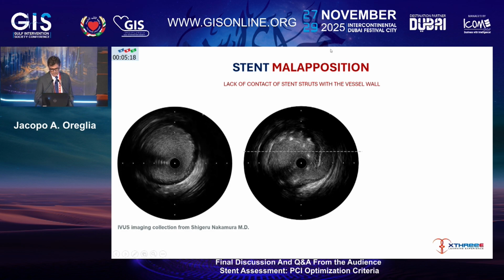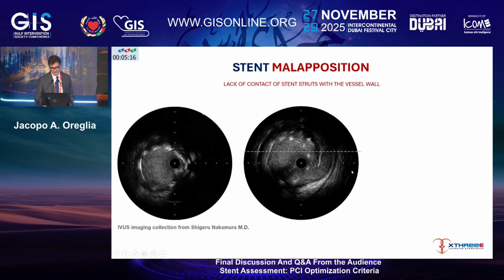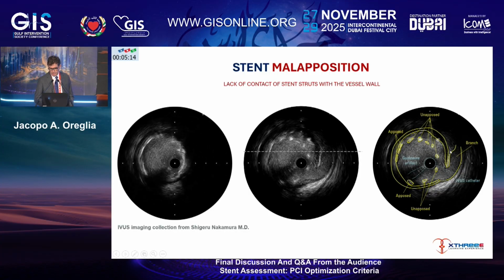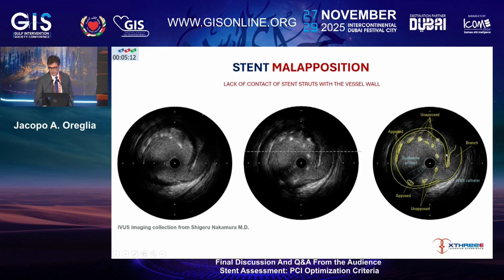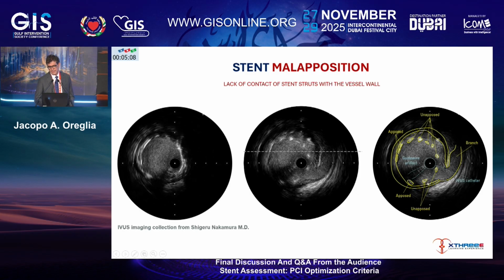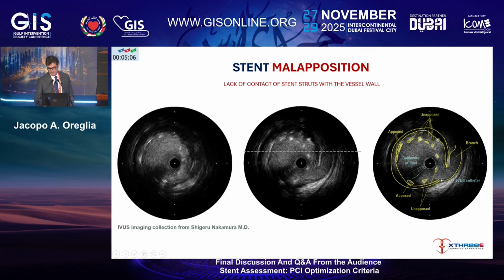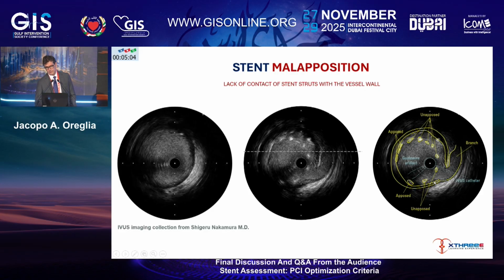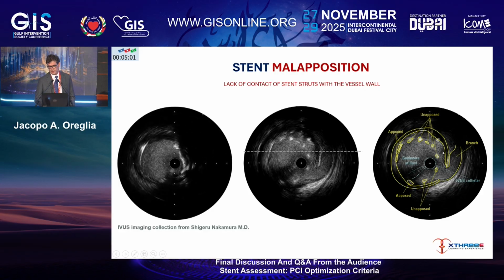You can see this image that looks like a dissection, but it is a side branch. But this is the vessel wall, and this is a very long, in terms of lateral extension, malapposition of the stent, with a lot of struts that are very far from the vessel wall.